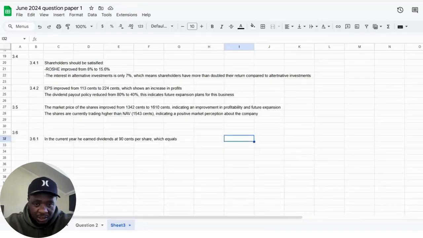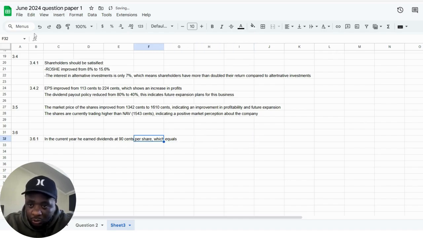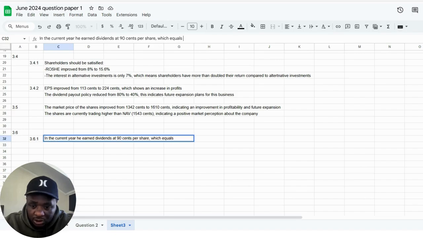So that's going to be 0.9, which is 90 cents, multiplied by 360,000. 360,000 times 0.9 is 324,000, which equals 324,000. And then we can show our working here that it is 90 cents times 360,000.